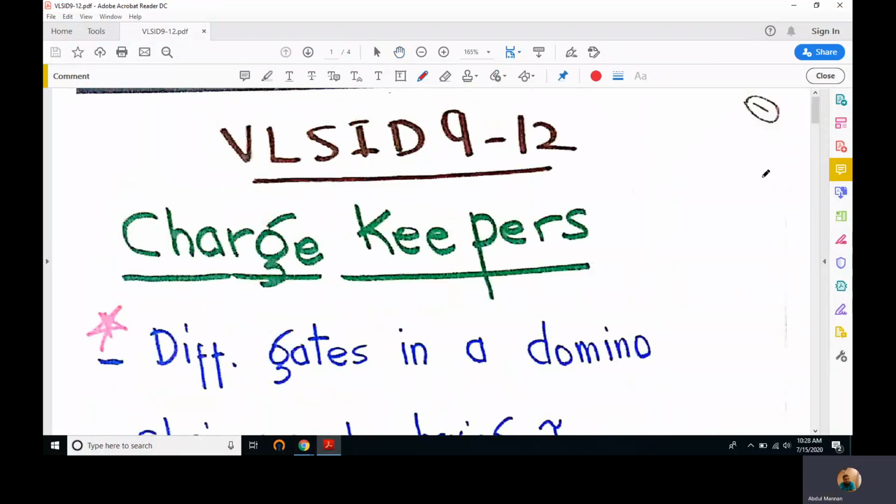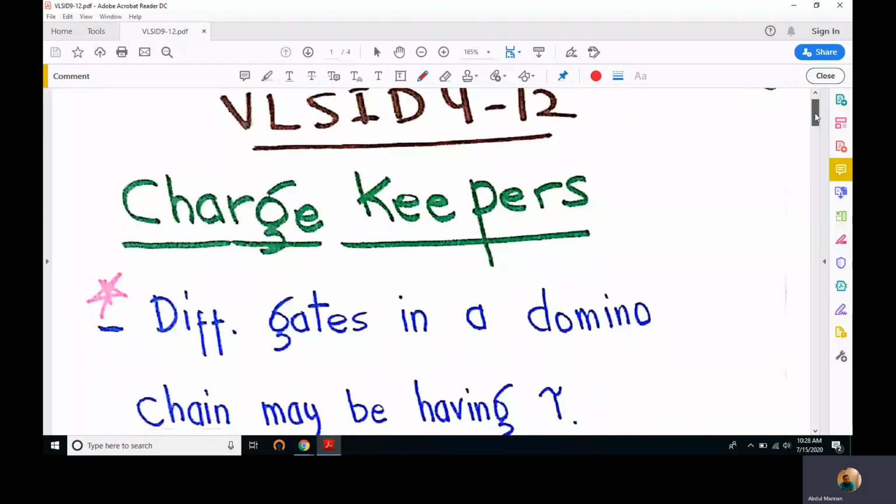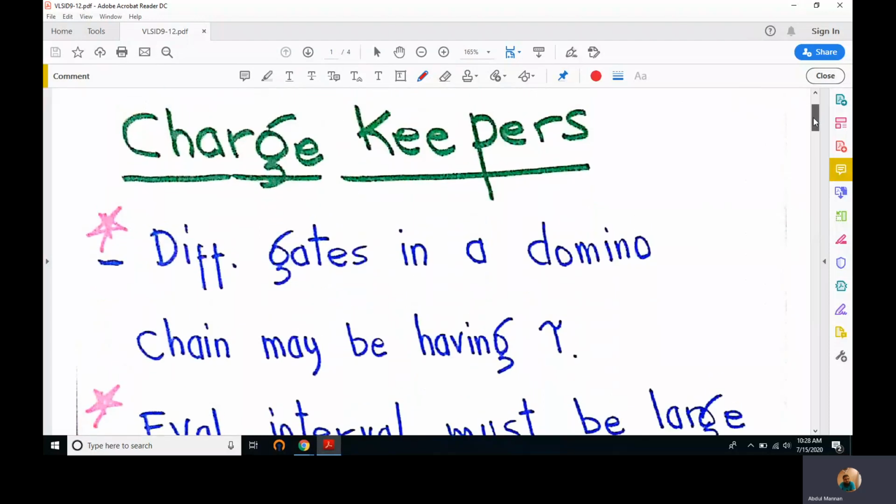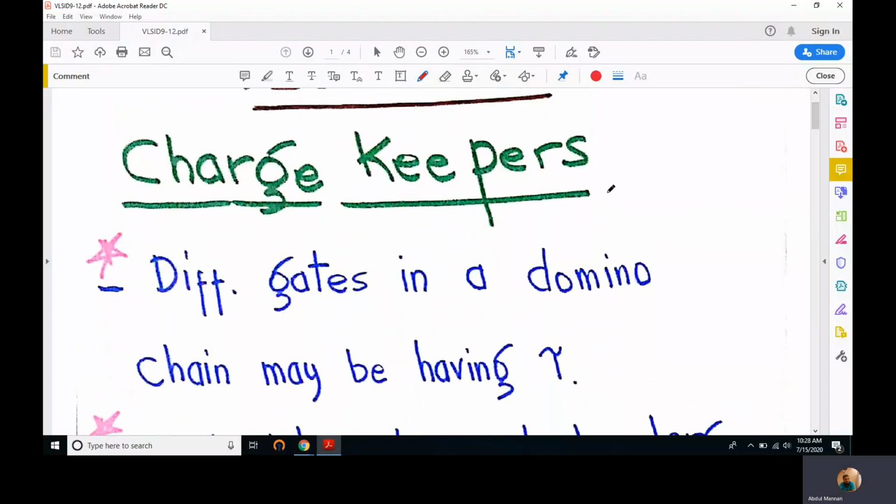We studied that to cascade different gates that are dynamic in nature, we cannot cascade them together, because different gates can have different time constants tau, and the preceding gate may have a larger time constant than the following gate, and they may cause an erroneous or wrong output. So that is a small recap of our last lecture.